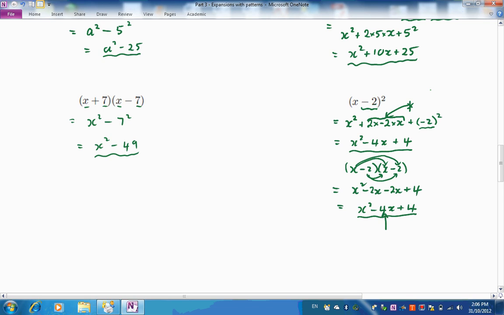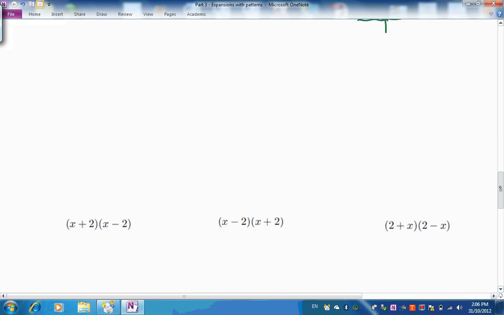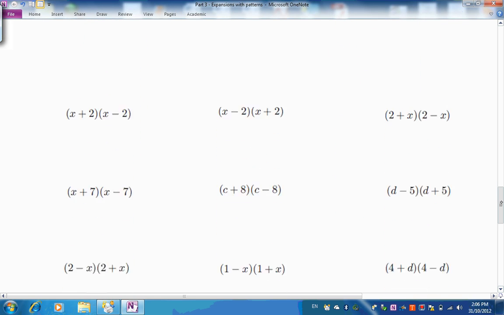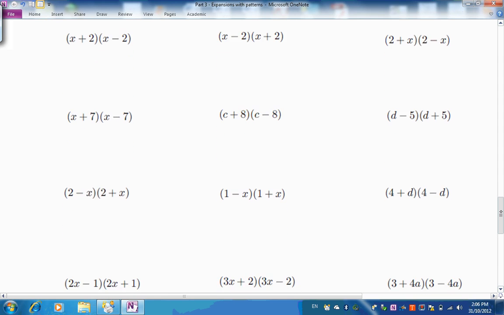Alright, well I hope you've got the idea of those 2 patterns, because this is coming to the end. You've really built up a lot of skills now, and the next presentation is about how we can use it. But let's go down and do some exercises perhaps now. I've got some here, I think 12 of them.